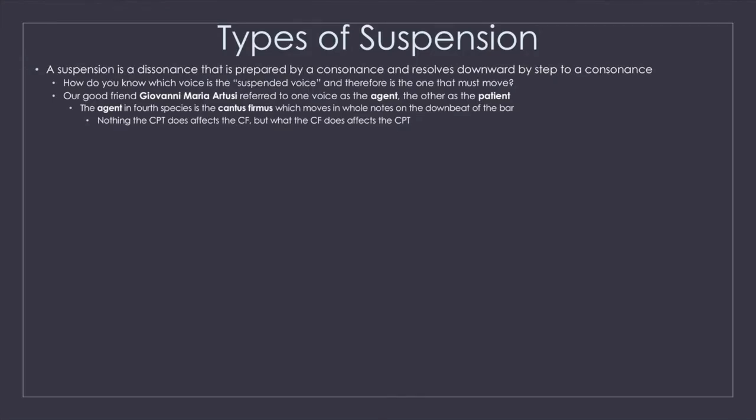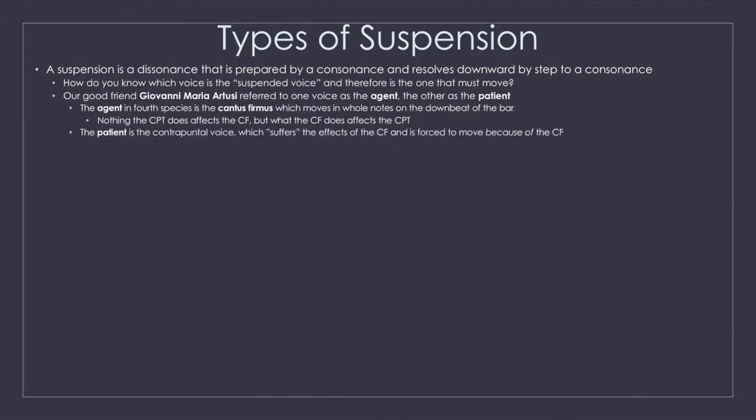But in fourth species, we look ahead to where we want a suspension, and we put the counterpoint voice in a certain place so that when the cantus firmus moves to its next note in the following bar, it creates a dissonance that forces the counterpoint to move. So in that case, the cantus firmus really is the agent.